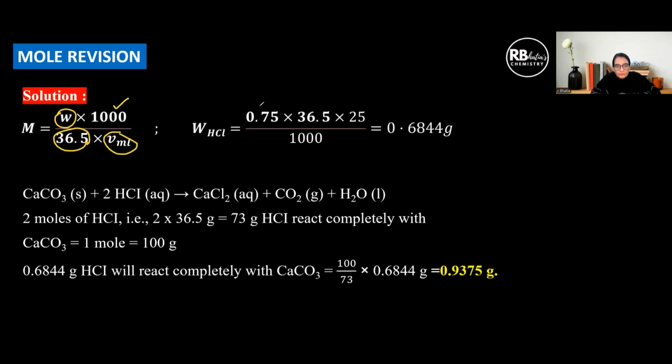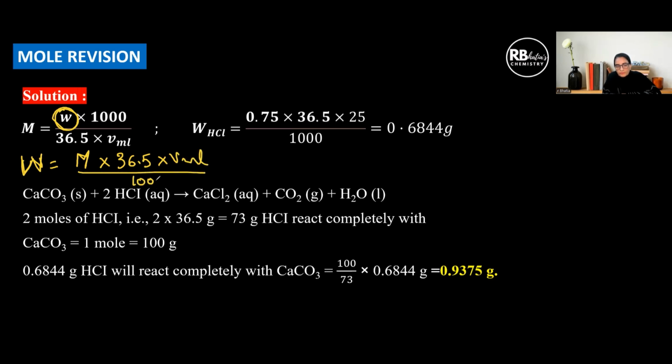This is molarity. From here, I take out the formula for W. So W is going to be molarity into 36.5 into V ml upon 1000. Right? So weight of HCl is going to be 0.75 into 36.5 into 25 upon 1000, and we get this weight of HCl.